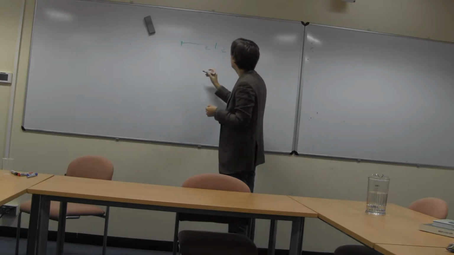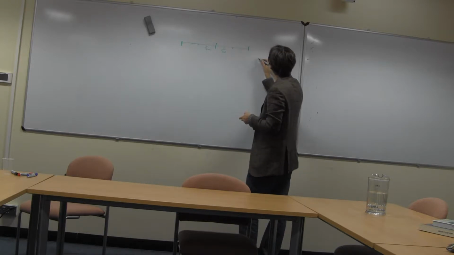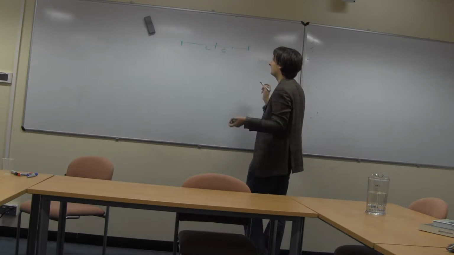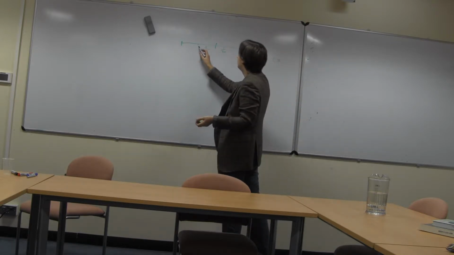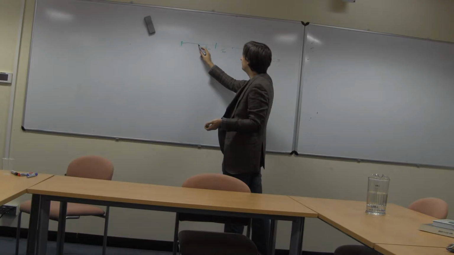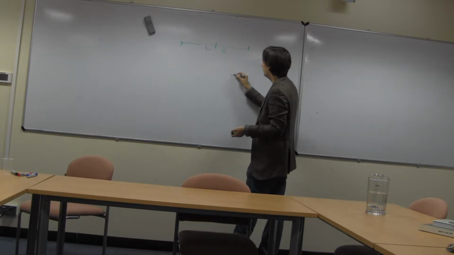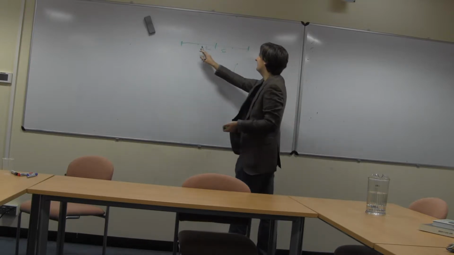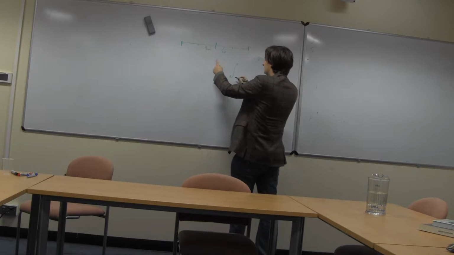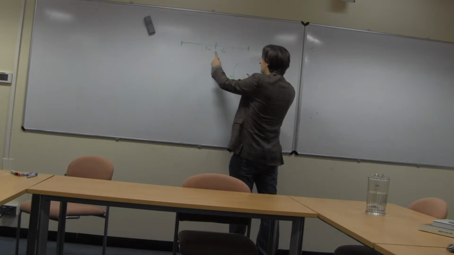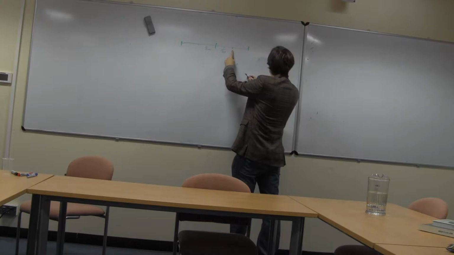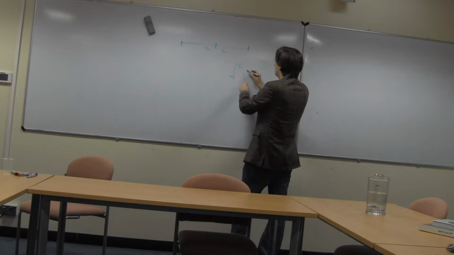If you're someone who's a distance x from the firm, you pay this transport cost tx. So the total transport cost paid by all of these people, I can relate the two ways of approaching this. It's the integral from the minimum distance, which is 0, up to the maximum distance here, which is 1 over 2n, of t times x dx.